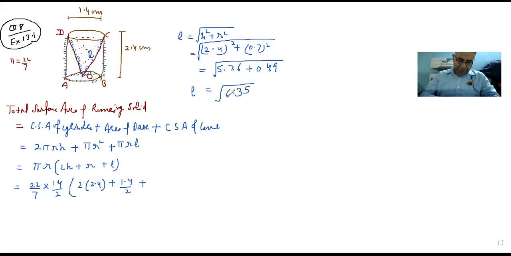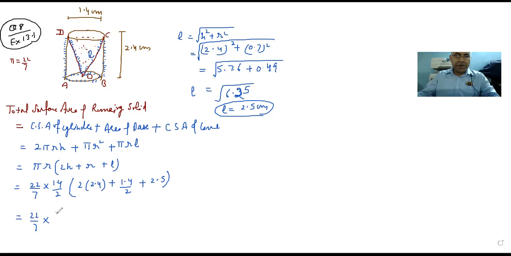So slant height is 6.25 under root, which is equal to 2.5. So substitute here 2.5.